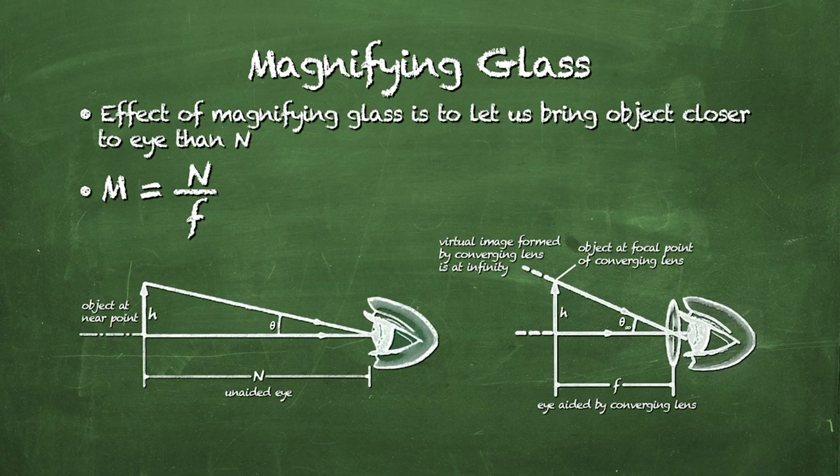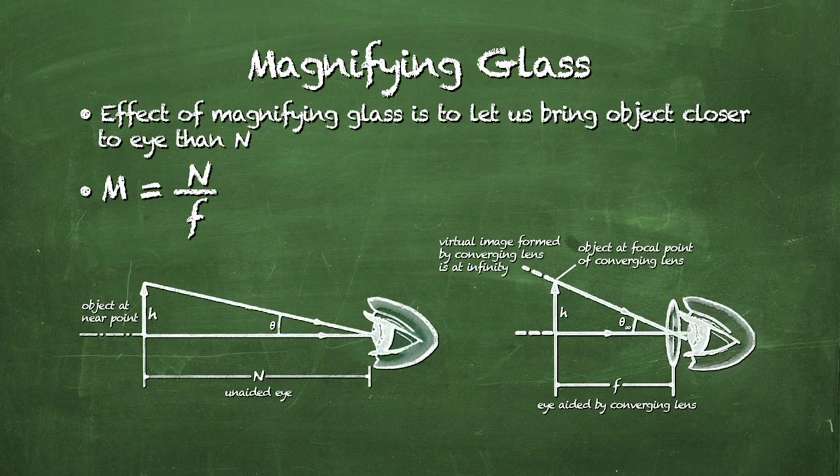To the right, we see an object being brought closer to the eye using a magnifying glass, and the closest that we can bring an object to the lens and still form an upright virtual image is the focal length of the lens. So the closest that the object can be brought to the eye is the focal length of the lens. So the angle in that case would be the height of the object divided by the focal length.